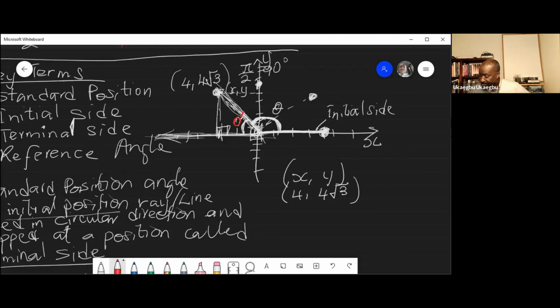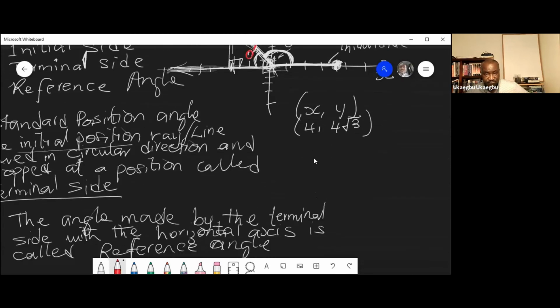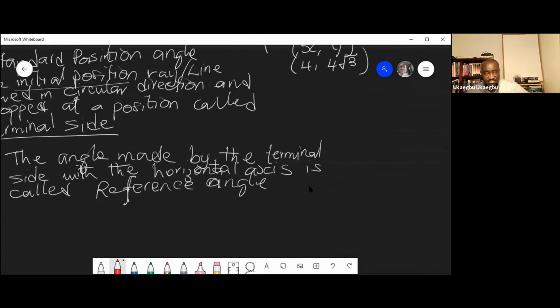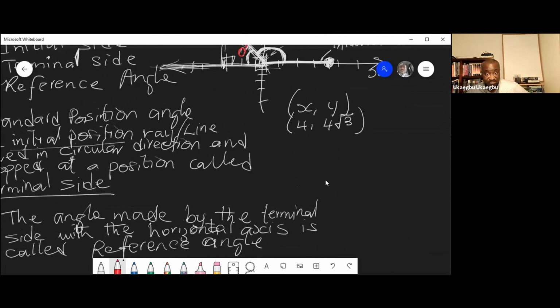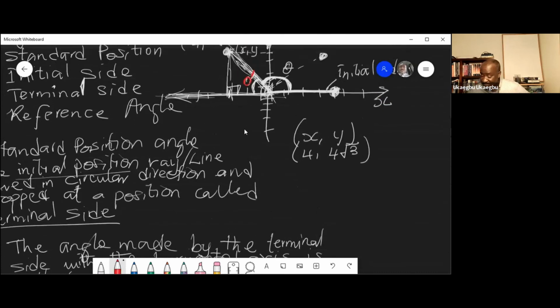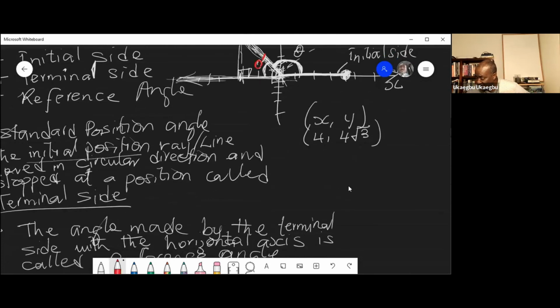The theta is the standard position, and the theta prime is the reference angle. So what that means in terms of number is 180 minus theta, in this particular case, because there are other cases. I will come to that anyway. Let me do something else before I come to that.